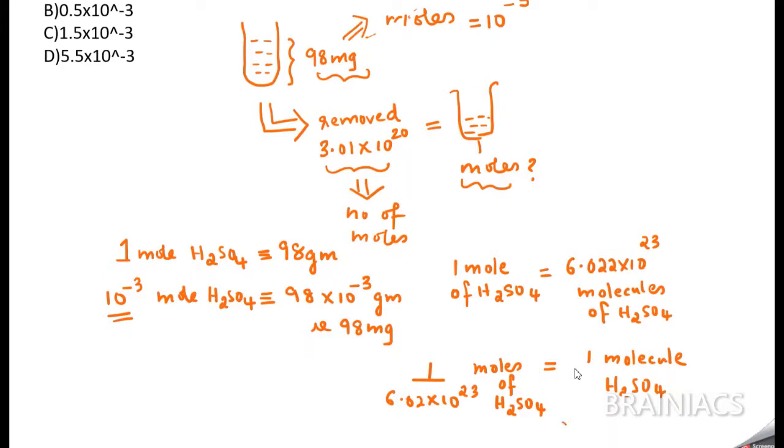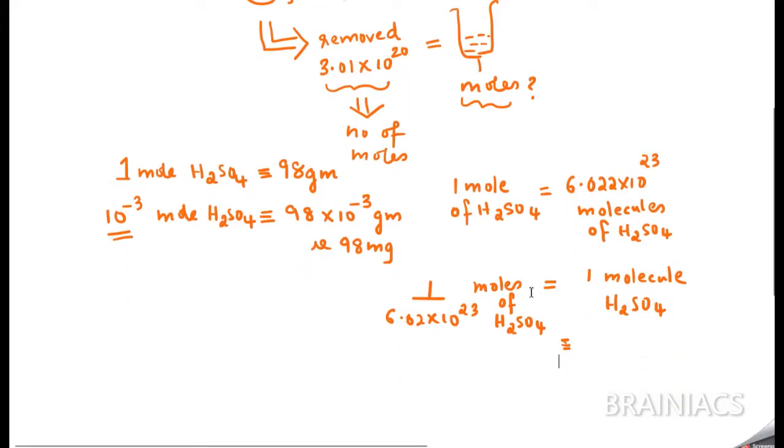Now I can convert this one molecule to any particular value I need. I want to convert this into 3.01 into 10 power 20 molecules, so I should multiply by 3 into 10 power 20. So this becomes 3 into 10 power 20 molecules of H2SO4. That is the easiest way: convert the value to 1, then multiply by the respective number.